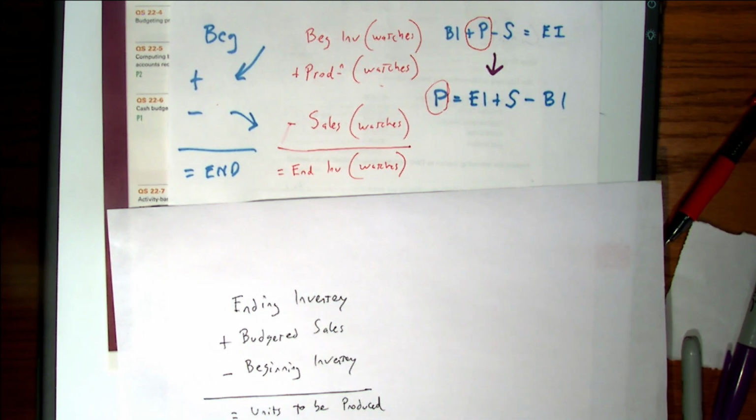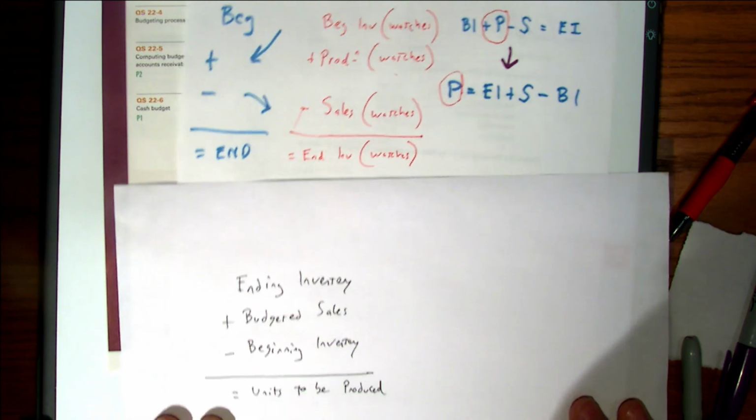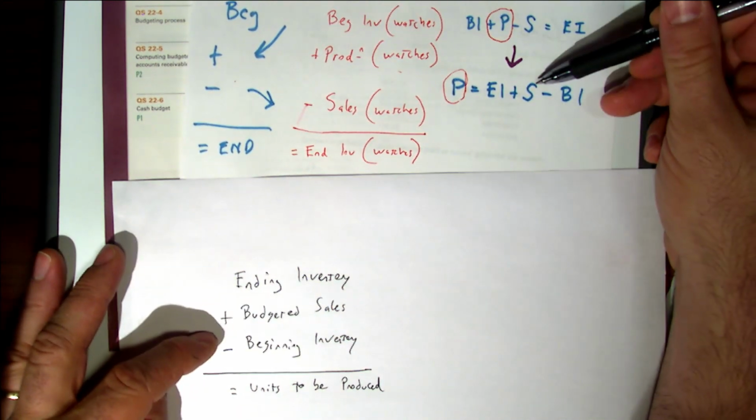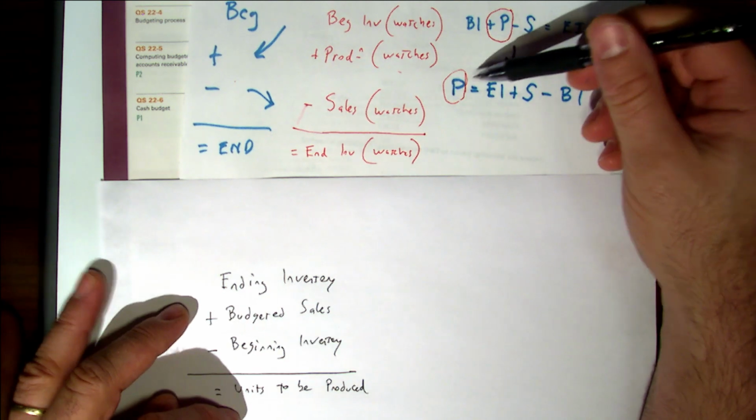Does that make sense? That is our budget. Ending inventory plus sales minus beginning inventory equals the units to be produced.